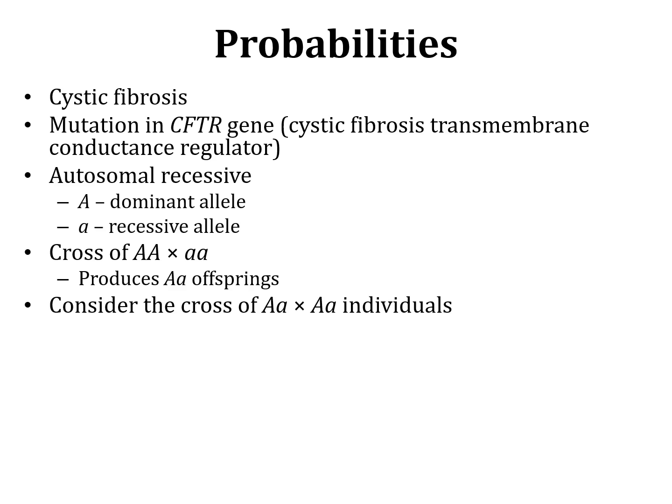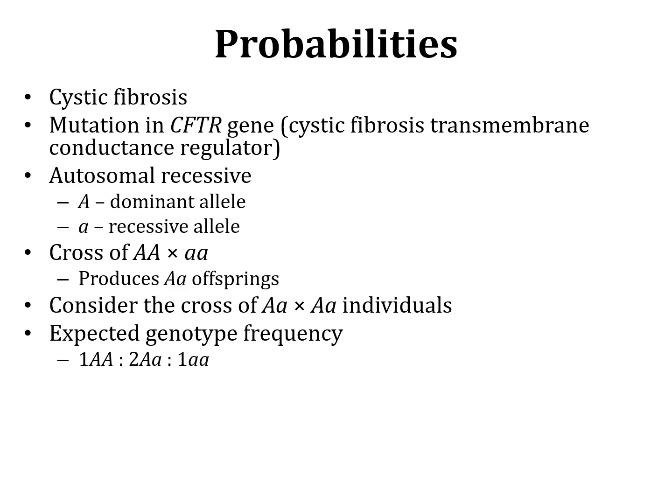So consider the cross of two heterozygous individuals. The expected genotype frequency is one individual for AA, the homozygous dominant genotype, two individuals with the heterozygous genotype, and one individual with the homozygous recessive genotype.